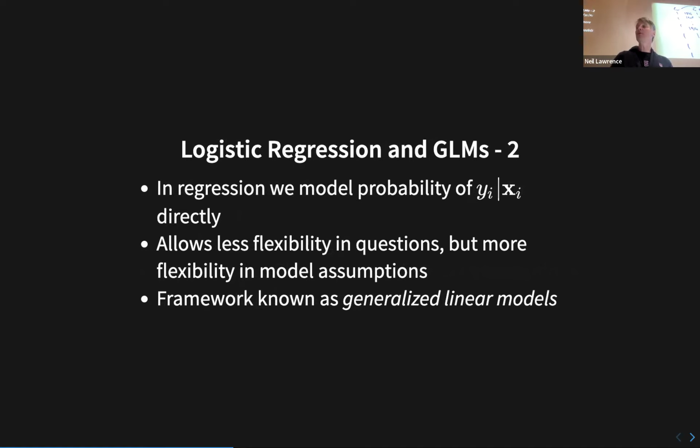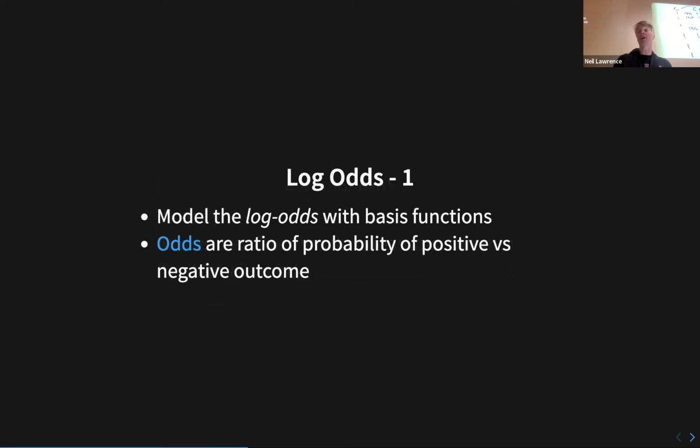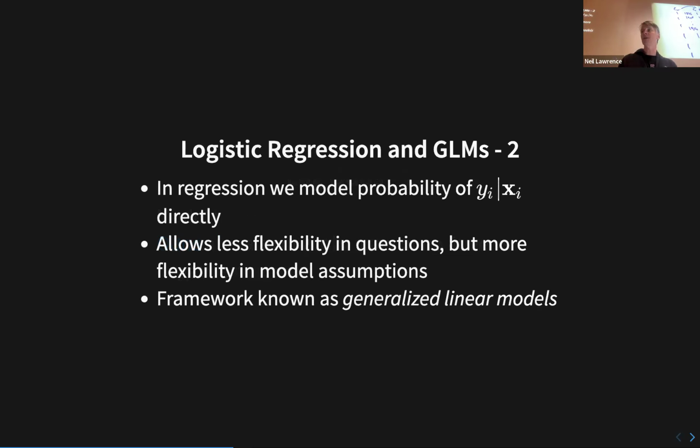Now, we can go to the framework of generalized linear models and model it indirectly. One of the things we talked about in the example in the second lecture is, if I want to model the probability of someone buying a jumper or not, then instead of modeling that probability directly, I can model the log odds of the system.